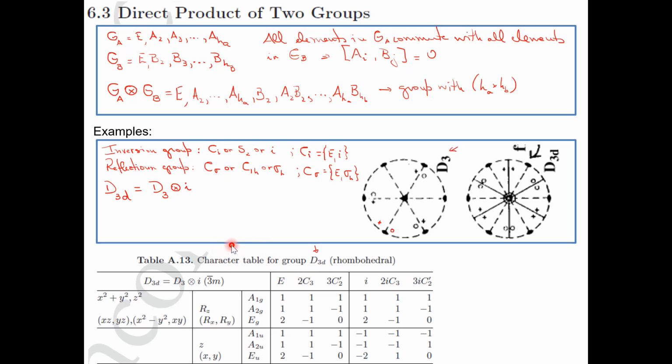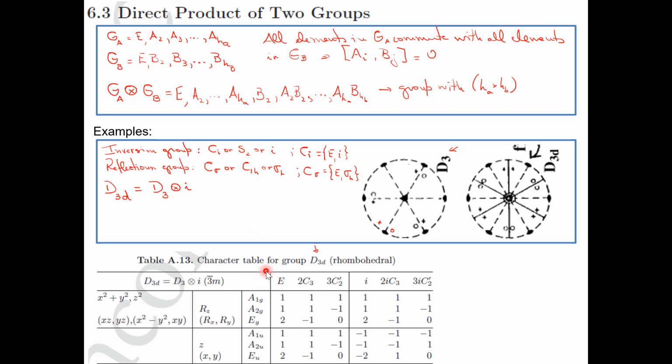In the character tables that you have in the appendix of the book, you will see many times different point groups written as direct products between smaller groups and inversion, or the direct product with the reflection group. Okay, this is very common.